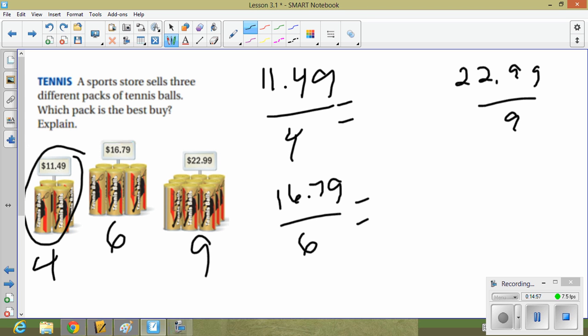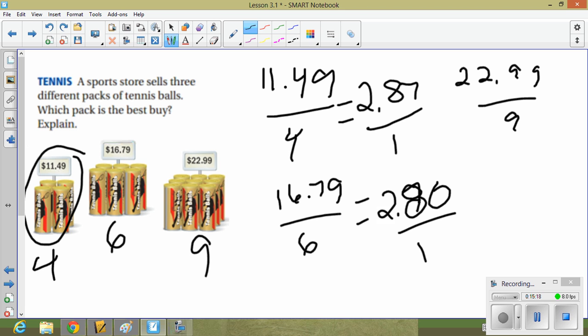So let's go to the beginning. $11.49 divided by 4 is roughly $2.87 per one tube. Let's go to the $16.79, divide that by 6, and that's roughly $2.80 per one tube.